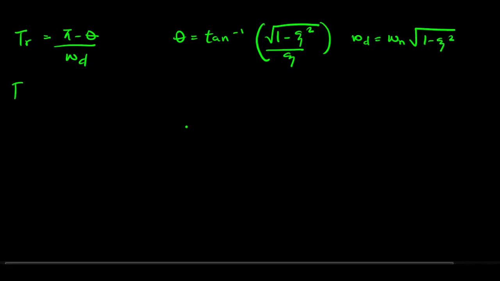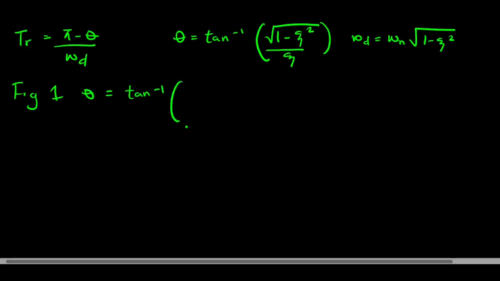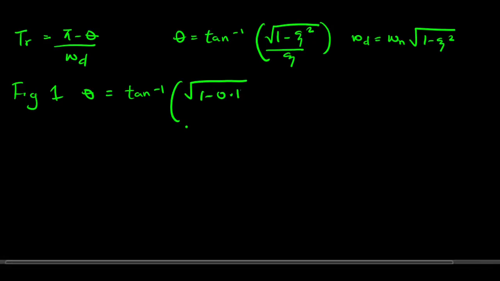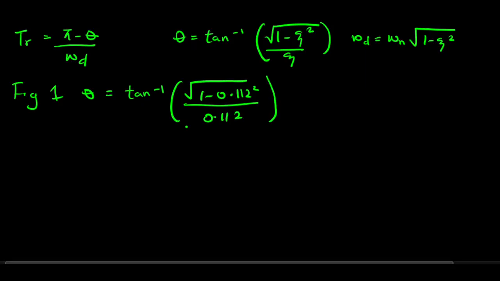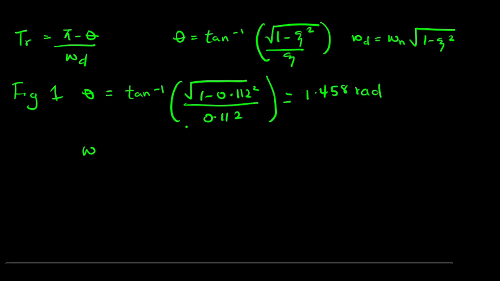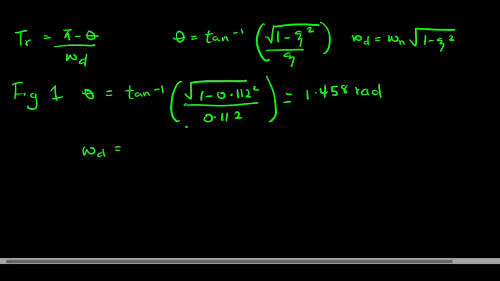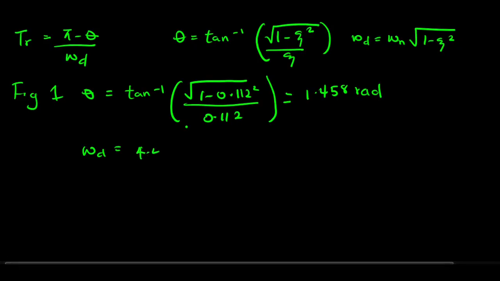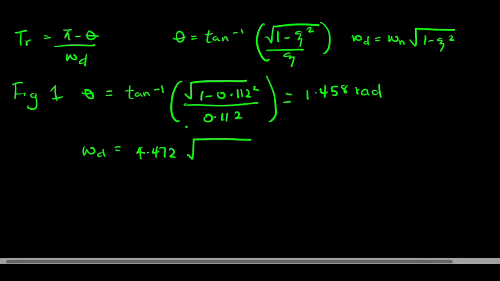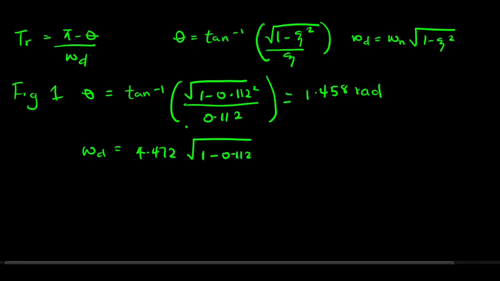So for figure 1, we'll first find theta, which is equal to tan inverse of square root of 1 minus 0.112 square over 0.112. It's just simply going to give us 1.458 rads. Then for WD, simply going to be WN in this case was 4.472 square root 1 minus 0.112 square.